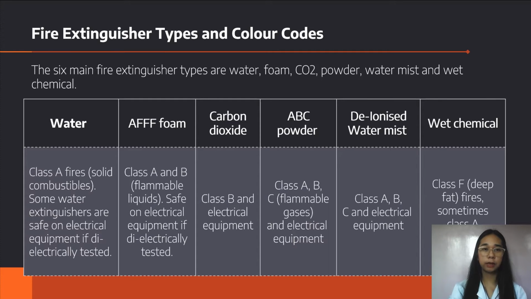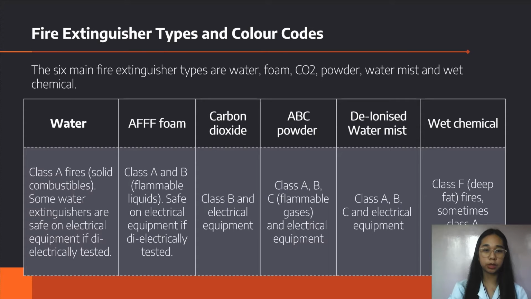There are 6 main fire extinguisher types, which are the water, the foam, the CO2 or carbon dioxide, the powder, the water mist, and the wet chemical. Now for the water, it is for Class A fires, which are solid combustibles.